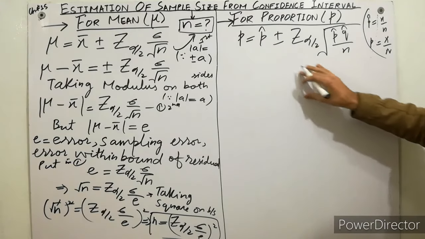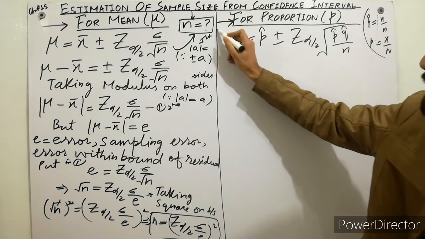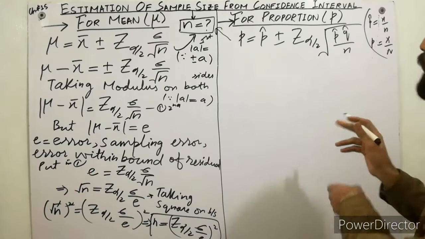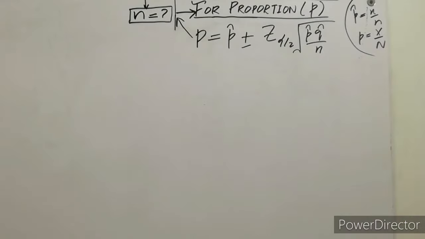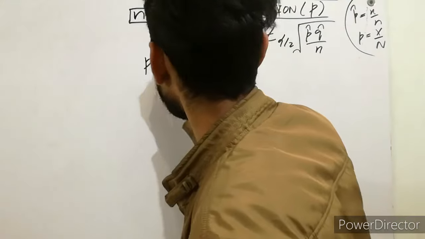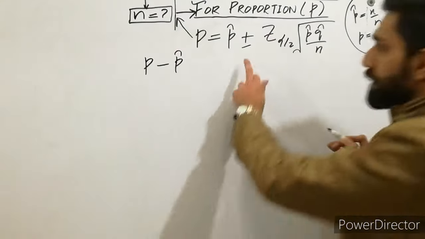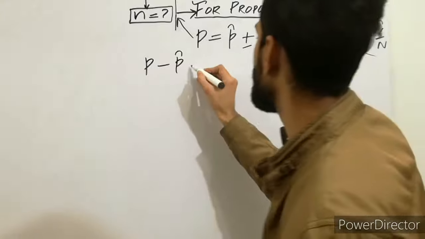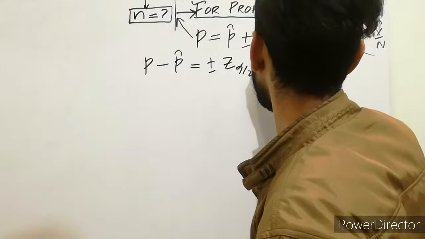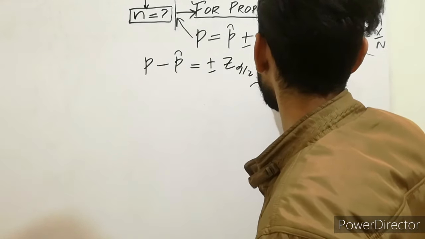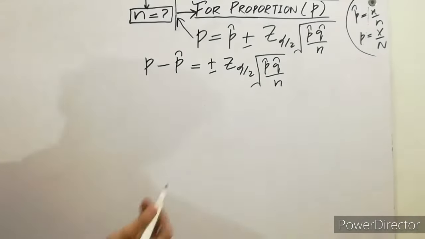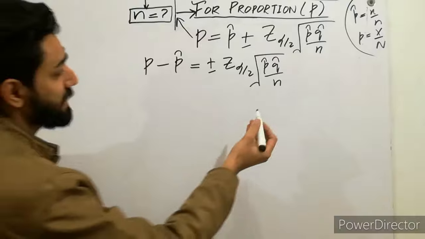Now from that formula I will make the formula of sample size, just like before. Just follow the steps. Moving P hat to the left hand side, P minus P hat is equal to plus minus Z alpha by 2 square root of P hat Q hat divided by n.